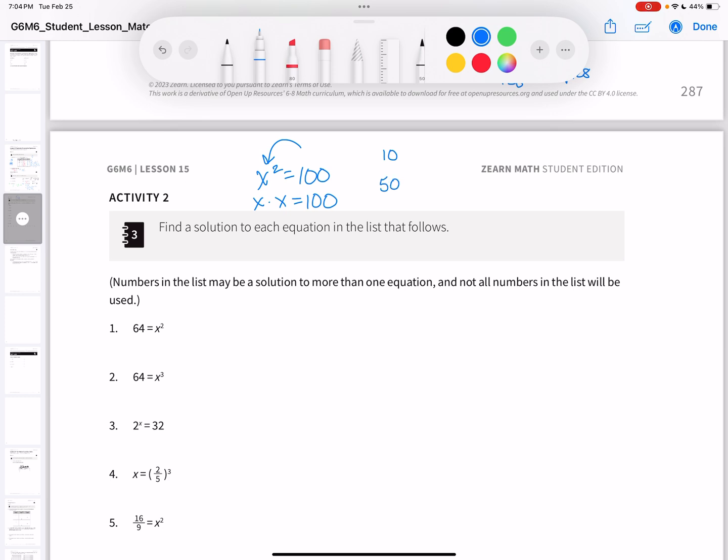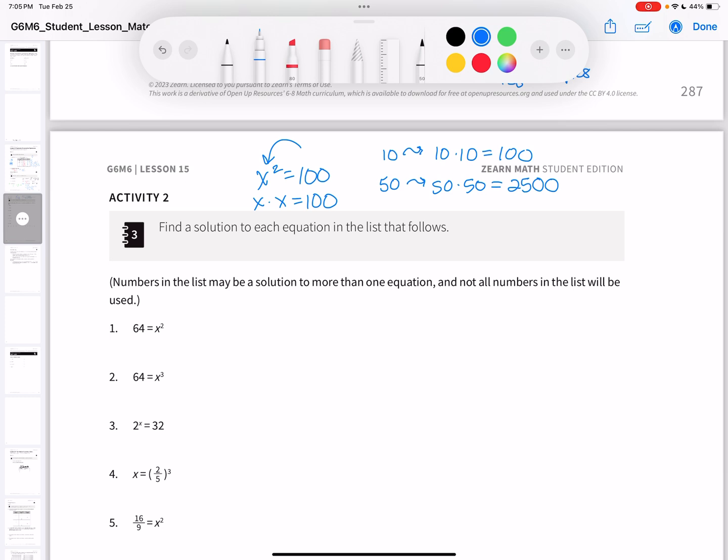So does 10 work? Well, let's plug it in for x. That would be 10 times 10, and 10 times 10 is 100. Now, why would they give 50 as a possible solution? Well, I'll tell you. When we do 50 times 50, that is not going to be 100. 5 times 5 is 25. Add 2 zeros onto the end, that's 2,500. 50 times 50 is 2,500.